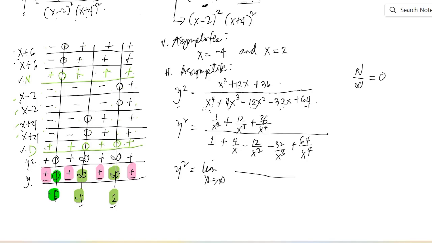So this only means that if we have the expression x at the denominator, that would be 0. So it will give us 0 over 1. So our y squared is equal to 0, and taking the square root, y is equal to 0. This is now the equation of our horizontal asymptote.